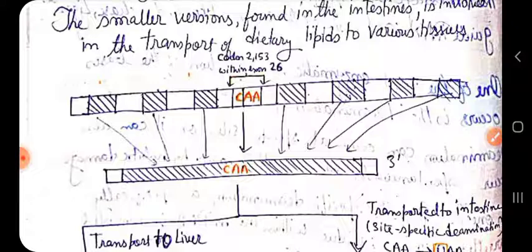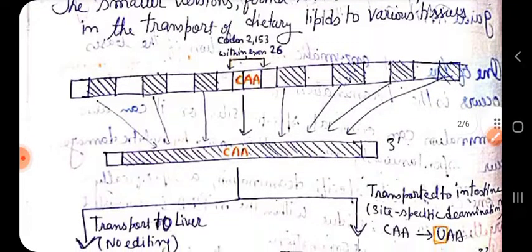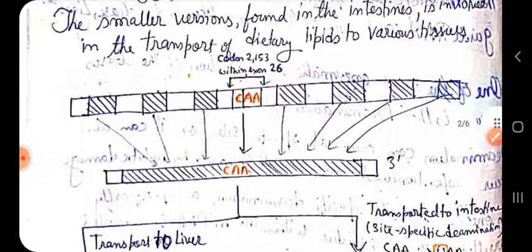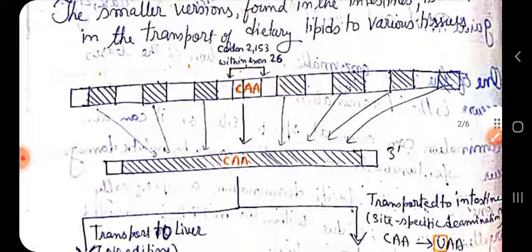Now, from this pre-mRNA, mature mRNA occurs after processing. Now, depending on the tissue types, depending on where this apolipoprotein B is present, in the intestinal tissue or in the liver, there would be cytidine deaminase activity.